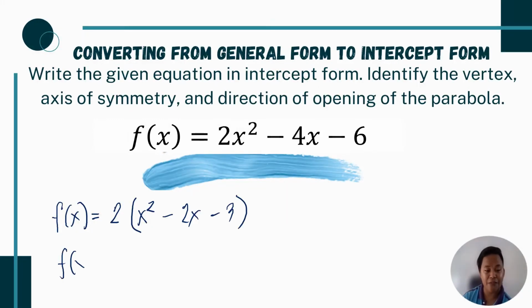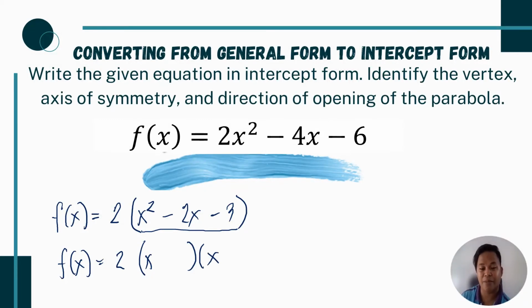Then we have f of x is equal to, we're going to factor this trinomial or this quadratic equation. So we have the factors x, and since the constant term is 3, we're going to have 3 and 1 as the factors of 3. And since negative po ito, one of the values is negative.